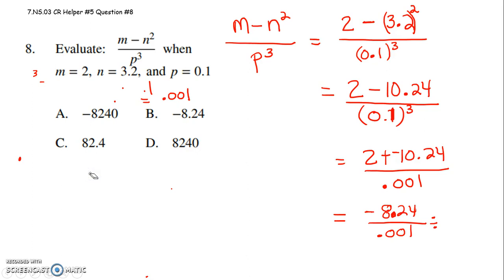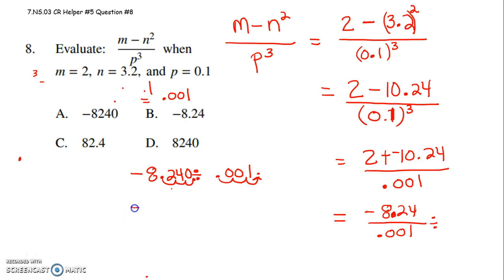For my division step, I have to take my negative 8.24 and divide it by 0.001. Whatever you're dividing by, we need to move that decimal point over to make it a whole number. So you'd have to move that decimal place over 3 places, which means you have to move your decimal over 3 places here too. Back in 6th grade, Mr. Woodrow, if you had him, liked you to move your decimal points before you ever set up your long division box.